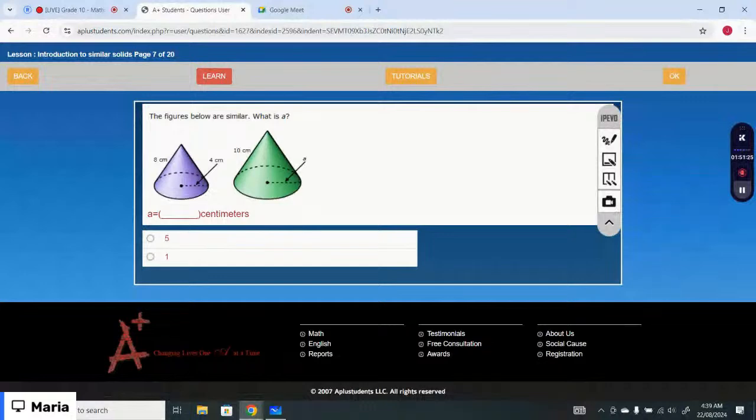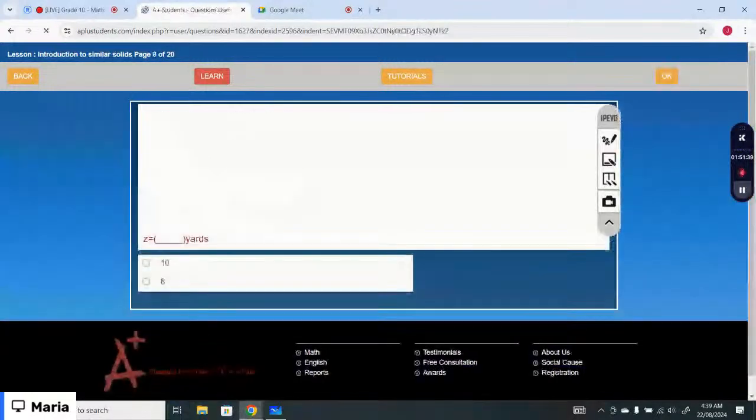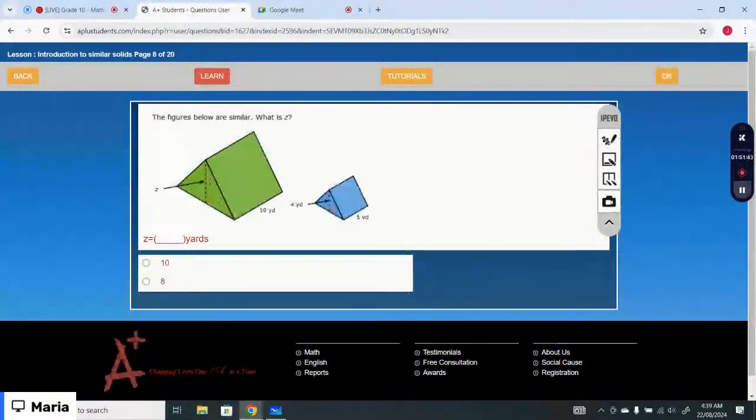The correct option is 5. Option number 1 is the correct option. The figures below are similar. What is Z? Which is the option?